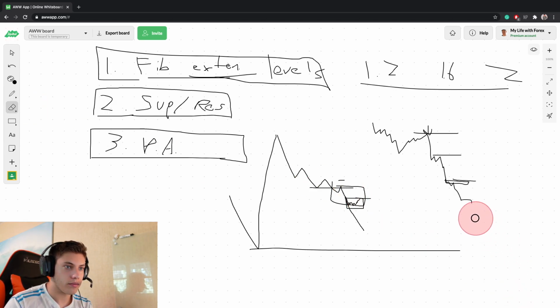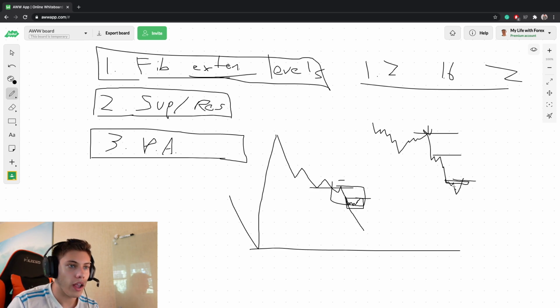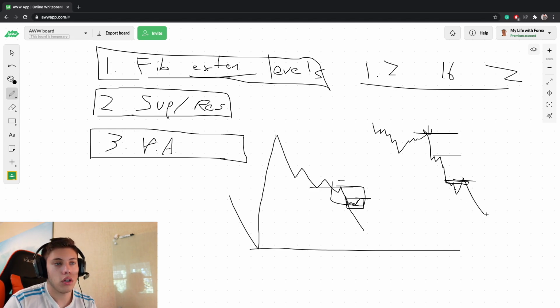But let's say it didn't do that. Let's say price did something like this. Now all of a sudden it made a higher high. Well, granted, it could just keep going down like that. Very possible. But at the same time, market structure doesn't lie.